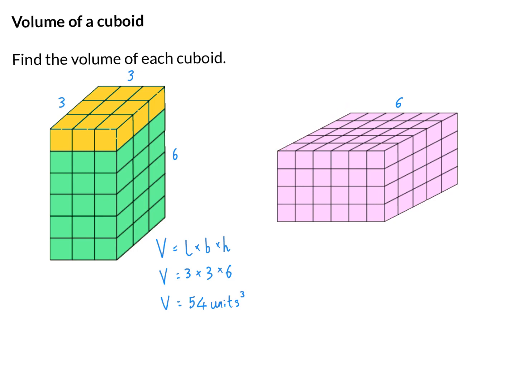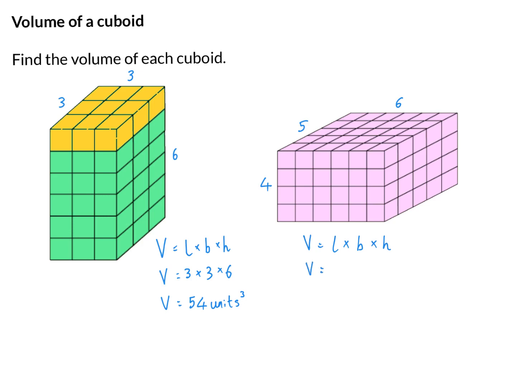Along this side, we can see it's 5 cubes. And up and down the way, we've got 4 cubes there. So we say the volume can be found by doing length times breadth times height.